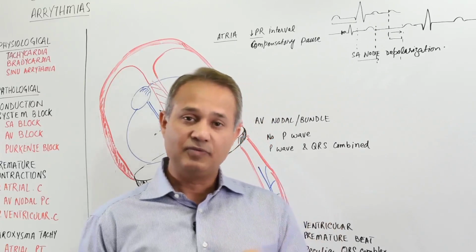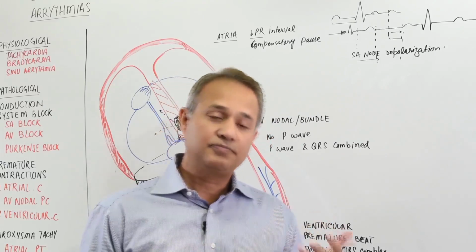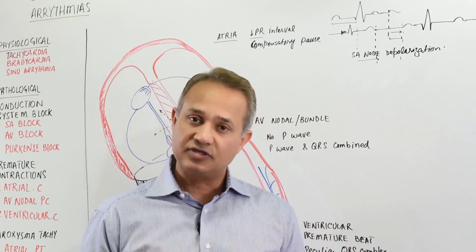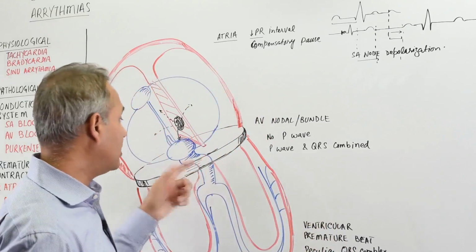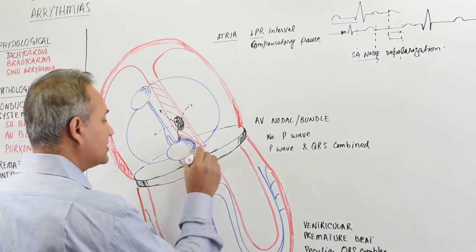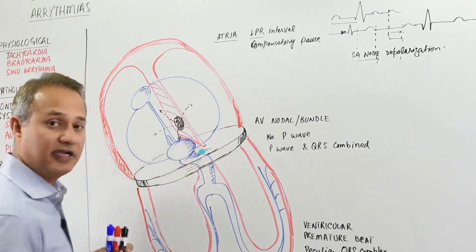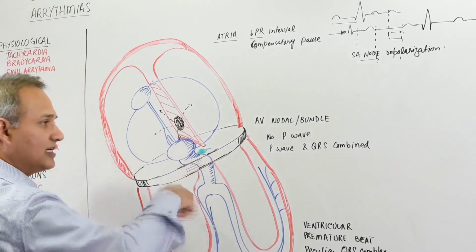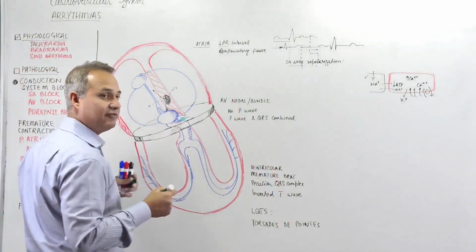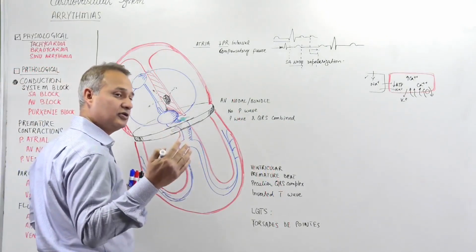Maybe you're giving too much lidocaine. Maybe the patient is taking too much caffeine or nicotine or is under stress, or there is an ischemic problem and there is a calcified plaque somewhere nearby, or some infarcted tissue that is irritating it. So any one of those things that we talked about can trigger the AV node and the AV bundle to generate a premature beat.